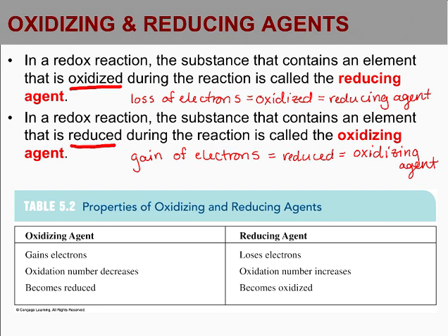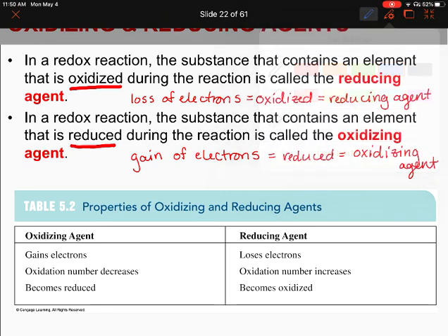Now, there's a couple of ways to remember whether something is oxidized or reduced. So I have a couple of acronyms here. The first one is OIL RIG. So that means that oxidation is loss of electrons. Reduction is gain of electrons.